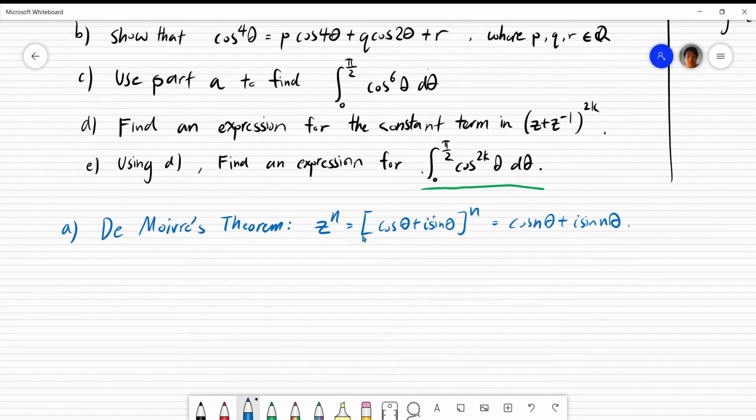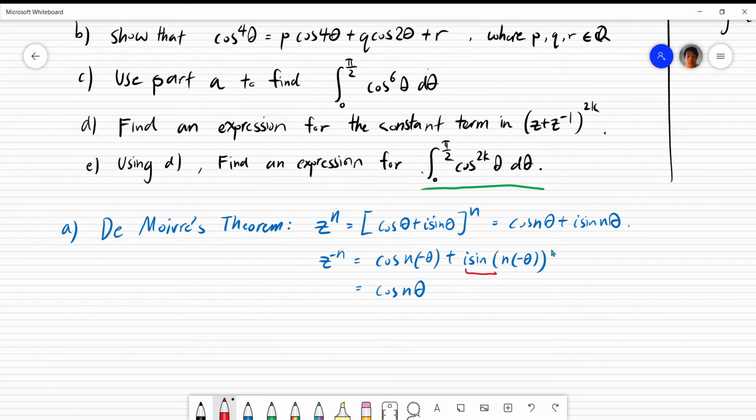So we know that z to the n is equal to this, so let's calculate what z to the minus n is. Well, that's just cosine of minus n theta plus i sine of n times minus theta. Cosine of a negative angle is just the original because it's an even function, and sine is an odd function.